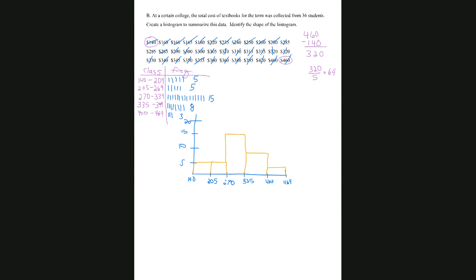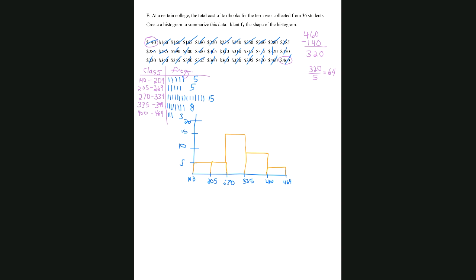So there's the histogram. From this histogram, you can tell that most of the values are around a middle value, right? There are not many textbook amounts that are very, very low and very, very high. That makes sense, right?